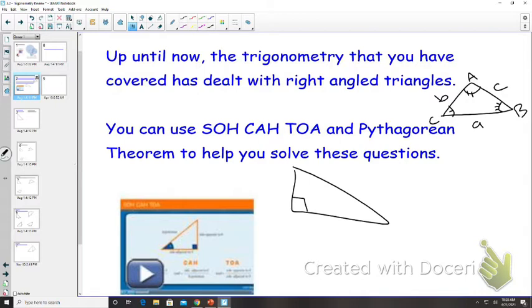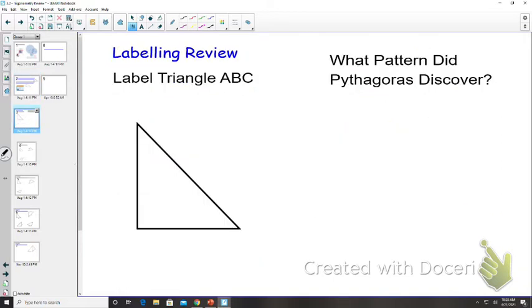So it does not necessarily have to be a right angle triangle for us to solve it, which is nice. But today we are just reviewing our SOHCAHTOA and solving right angle triangles.